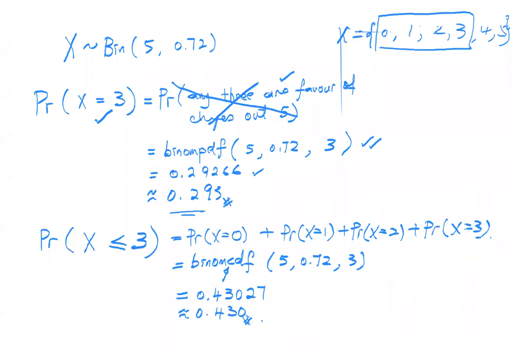Okay, now listen here. I'm teaching you how to manipulate. If I want this, probability of X less than 3, will the answer be the same as just now? The answer is no, because there is no equal sign.